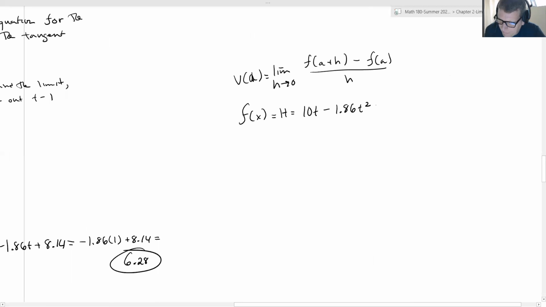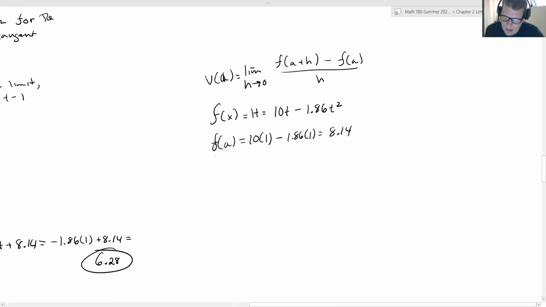And then minus F of A. In this case, F of A is going to equal 10 times 1 minus 1.86 times 1, which equals 8.14. So we still have that that's F of A.